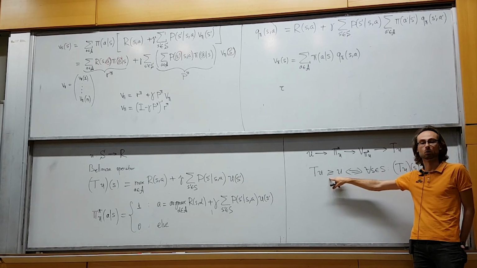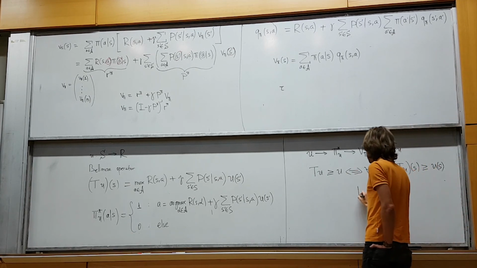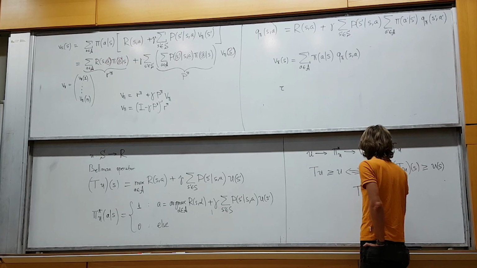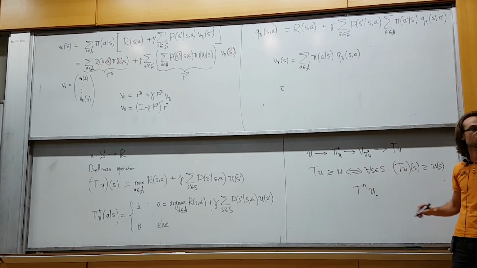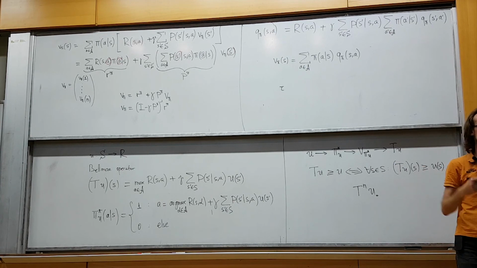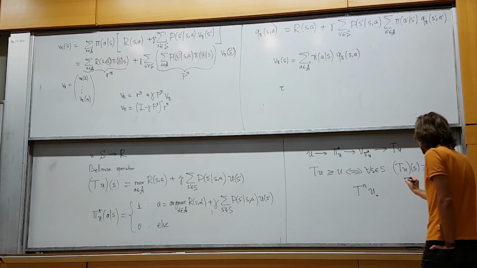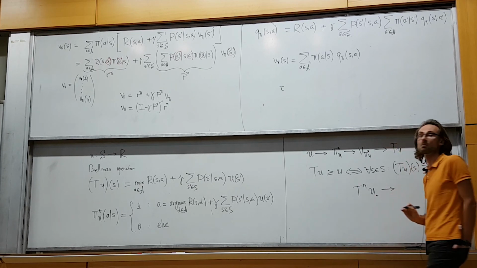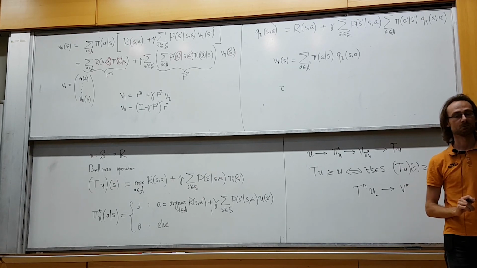This is a monotonicity property. I will apply my operator n times to some initial u. So this sequence is monotonic, right? We are always improving our policy, and it is upper bounded. Okay? So from this I can say, and I'm a little bit sloppy in the math here, that it will converge to some limit point that I will call V star.